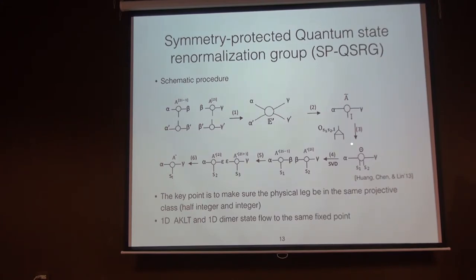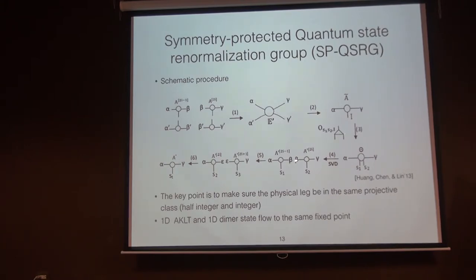For example, the half-integer and the integer are different projective representations. For the one-dimensional AKLT state, we need to make sure S1 and S2 are in the integer representation. If not, we need to apply some local unitary transformation to make sure S1 and S2 are in the correct projective representation.